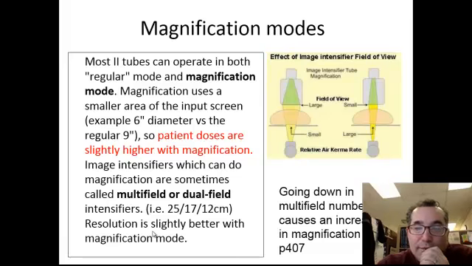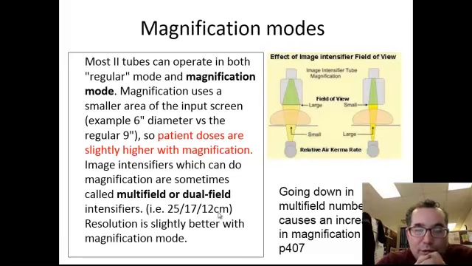So many of the fluoroscopic units out there can do what's known as magnification, right? And in that case, they're known as multi or dual field intensifiers. And you have several examples here. You have a 25 versus 17 versus a 12 centimeter, right?